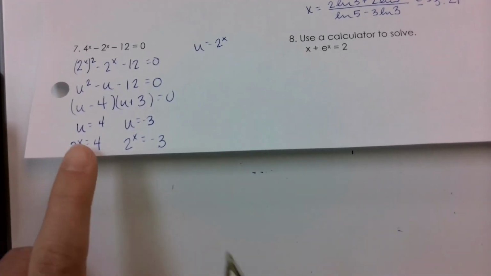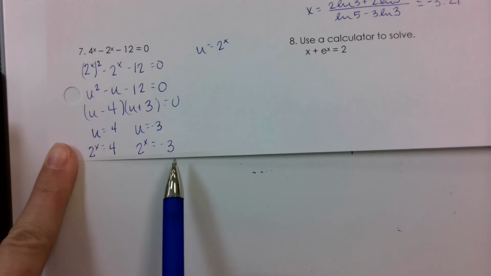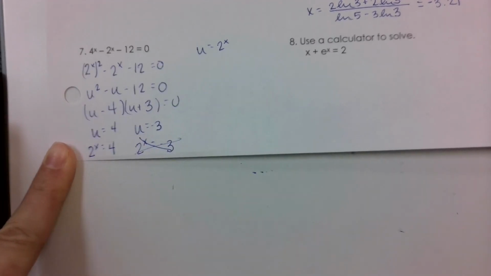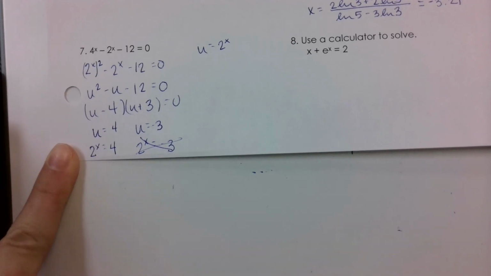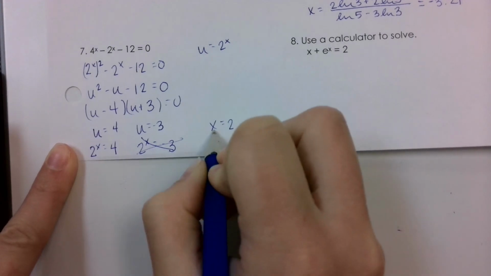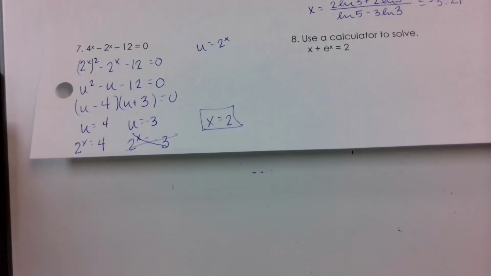So will 2 to any exponent ever give you negative 3? So we can throw that one out completely. That's not going to give us an answer that works. And then 2 to what power would give you 4? 2, so x equals 2. Questions?